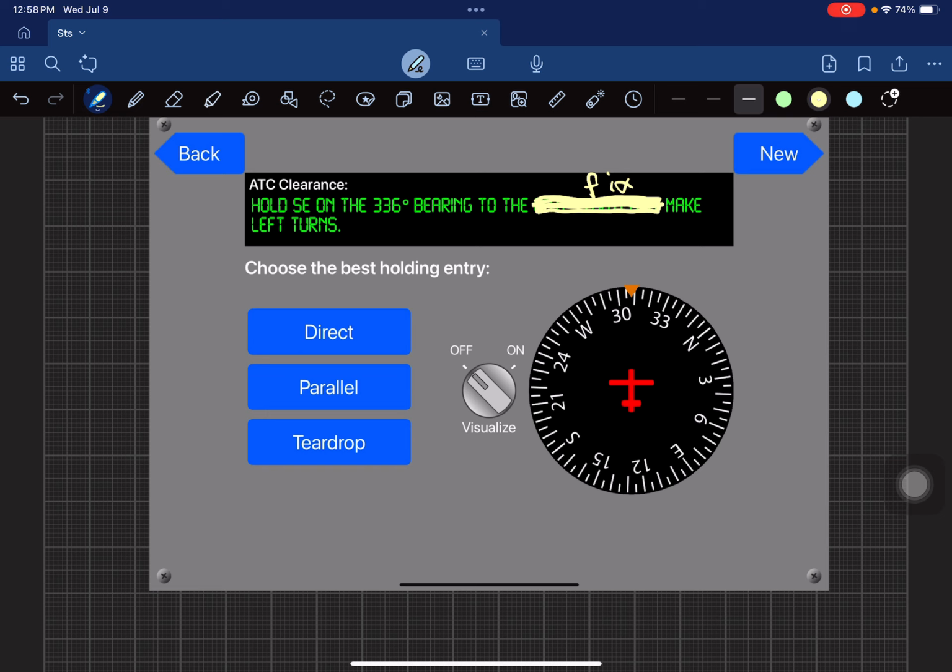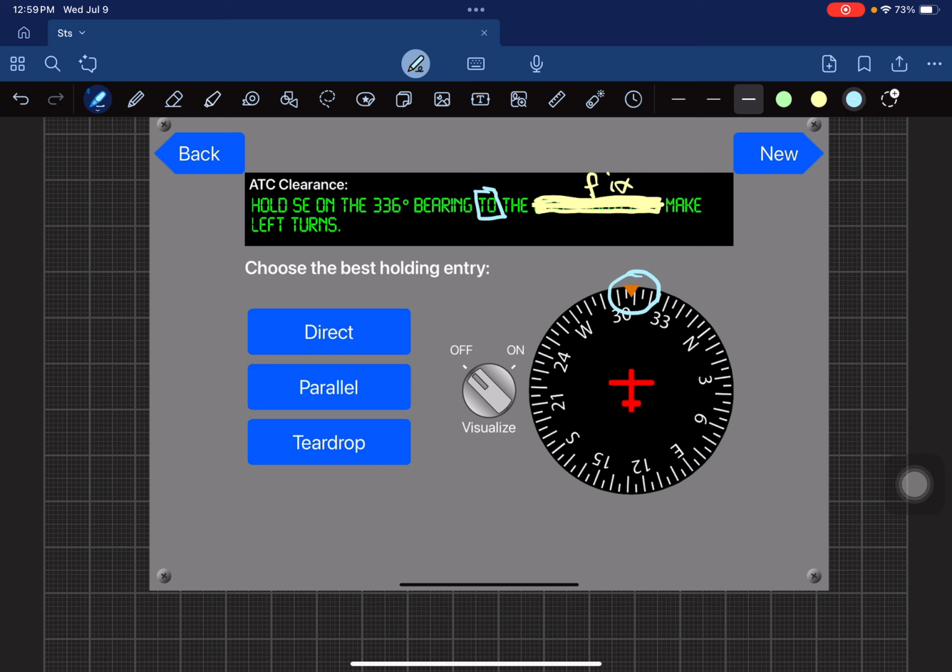Remember the three things you need in order to compute your holding entry. The first one is your initial heading. The second one is your inbound and outbound. In this case, notice the word to.